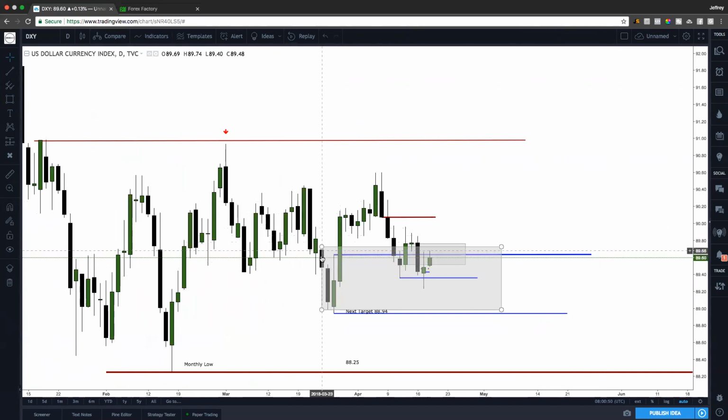So with the dollar index, we're trading into this ICT bullish order block here, and so far it's holding as support. You can see yesterday we wicked down and took out the stops that were below this low, which technically is a support level, right?